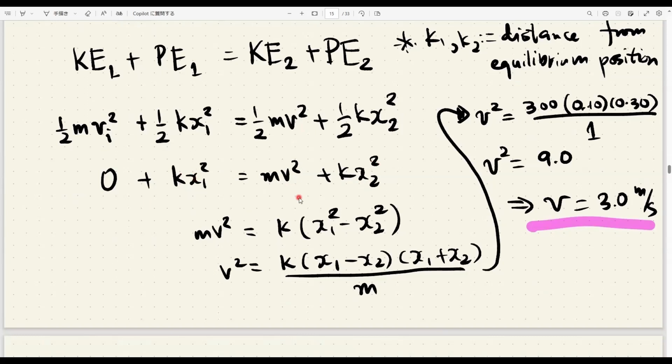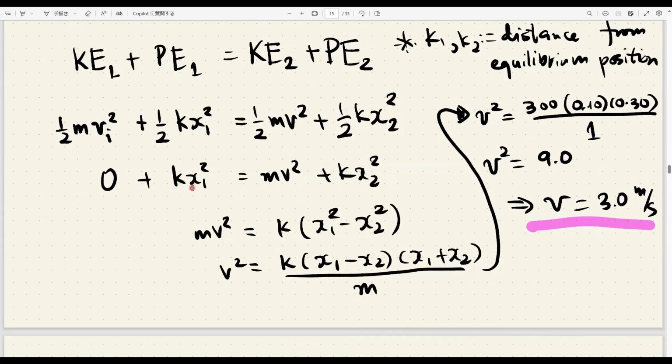And I did it this way because I can easily isolate v squared, right? So I move this one to the other side, and I divide the entire thing by m. So first, let's move it to the other side. When I move this one to the other side, I can factor out k, and I have x1 squared minus x2 squared.